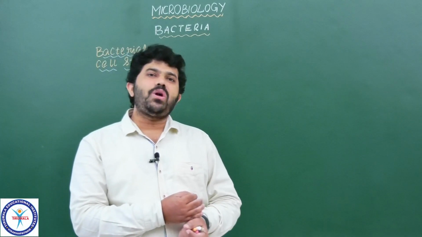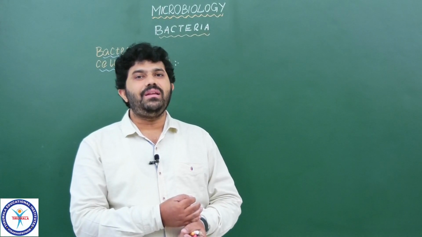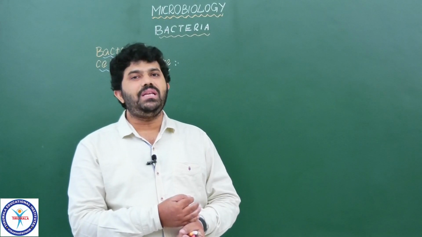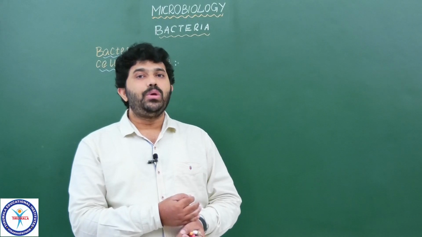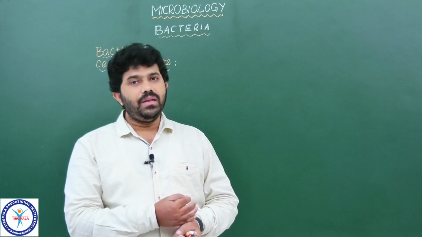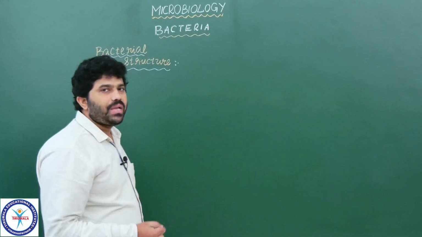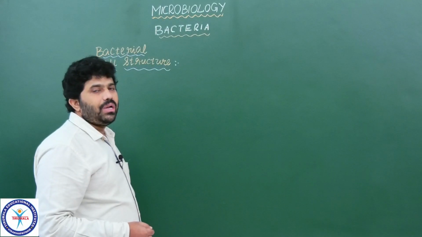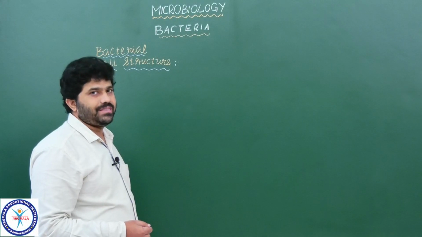After its invention, we gathered detailed structures which are very small but play a very complex role in bacterial cells. Understood students? So let us learn about bacterial cell structure, especially flagellum and plasmids.